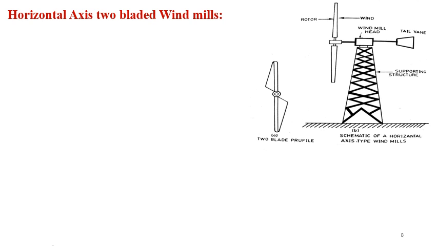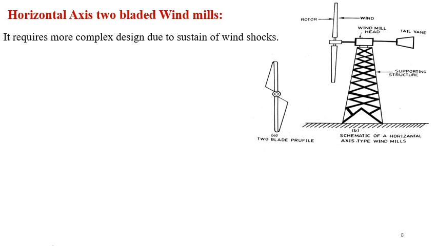A rotor with more than two, or three or four blades would have a slightly higher power coefficient than a single blade. The overall design is complex, and it must sustain wind shock.